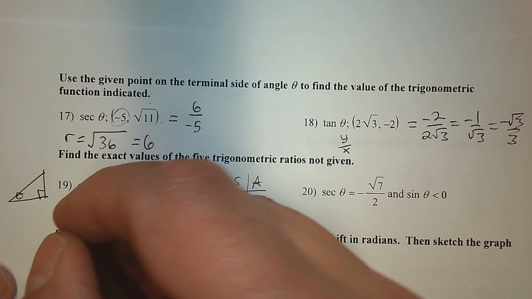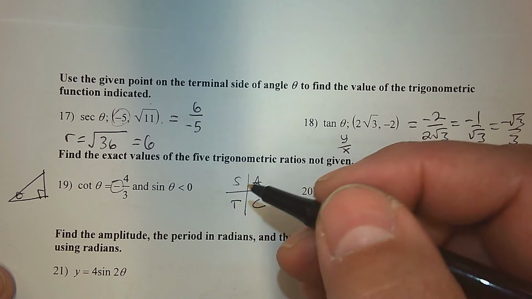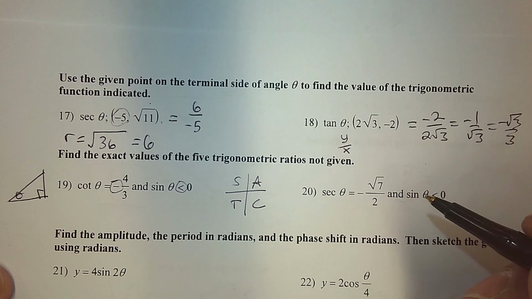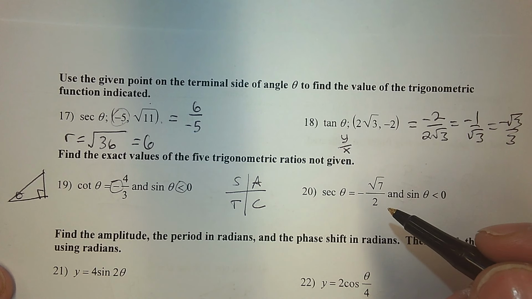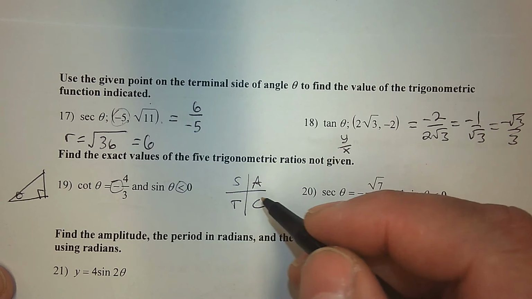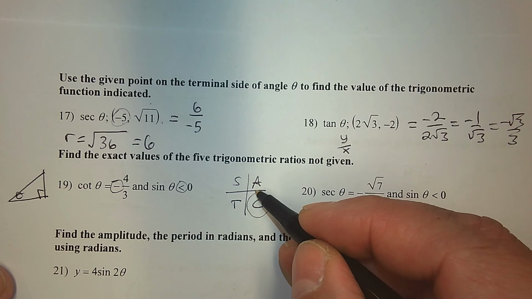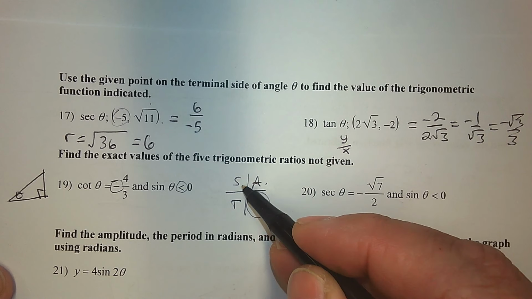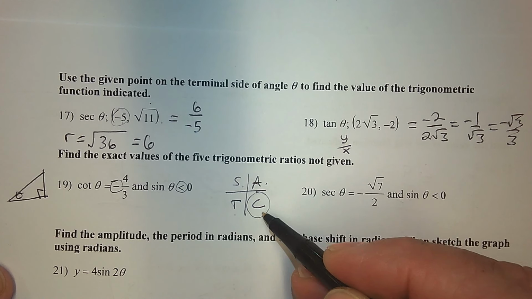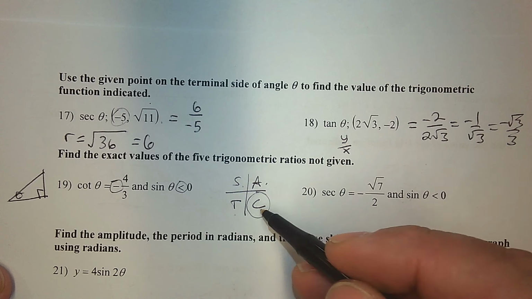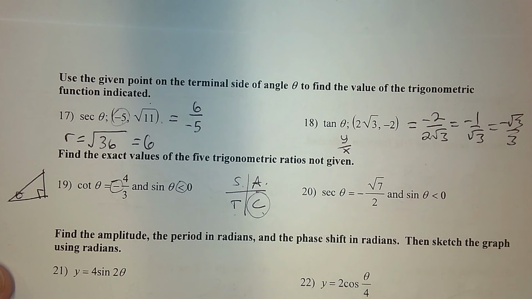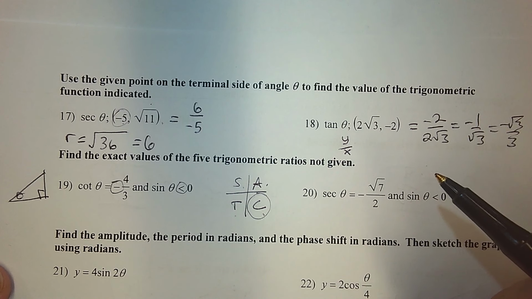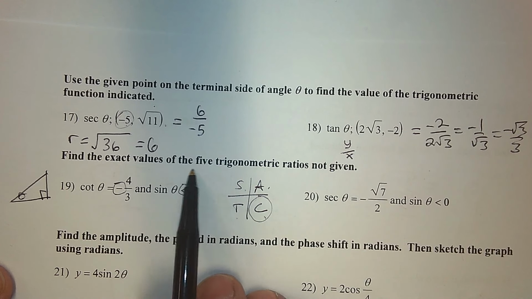Notice that cotangent is a negative answer and sine is negative. What quadrant are we in if sine is negative and cotangent's negative? The only quadrant it could be is quadrant number 4, because in the others sine is positive or tangent's positive. The only one where they're both negative is quadrant number 4. So I need to understand that when finding the exact value of the 5 remaining ones.